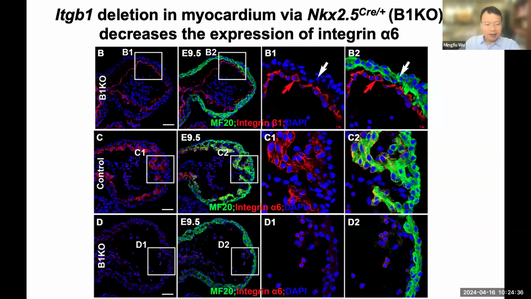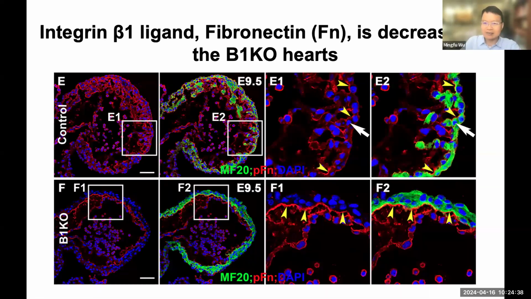Okay, and we also examine the ligands. Here is one of the examples, fibronectin, which is a ligand for the integrin beta 1. Again, here's control. And surprisingly, fibronectin also displays asymmetric distribution. That is, they are enriched in the luminal side of the cardiomyocytes here, indicated by the yellow arrowhead here.